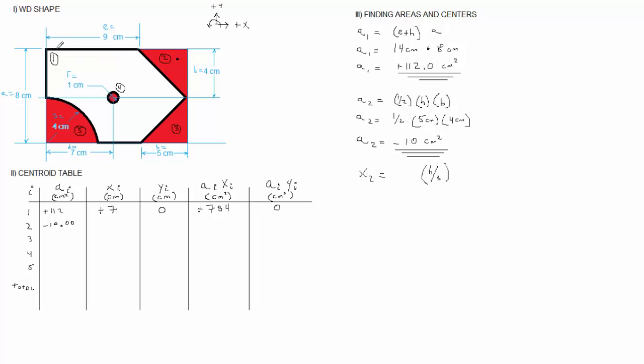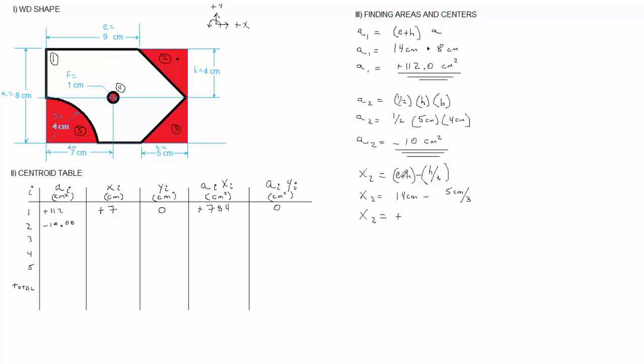So we have to take into account the total distance from our 0 axis here. So that's going to be E plus H, and then we have to subtract off the h over 3. Now this is a positive distance because our xy plane originates right here. That's 0, 0. So going over in the positive direction, that's a positive distance.